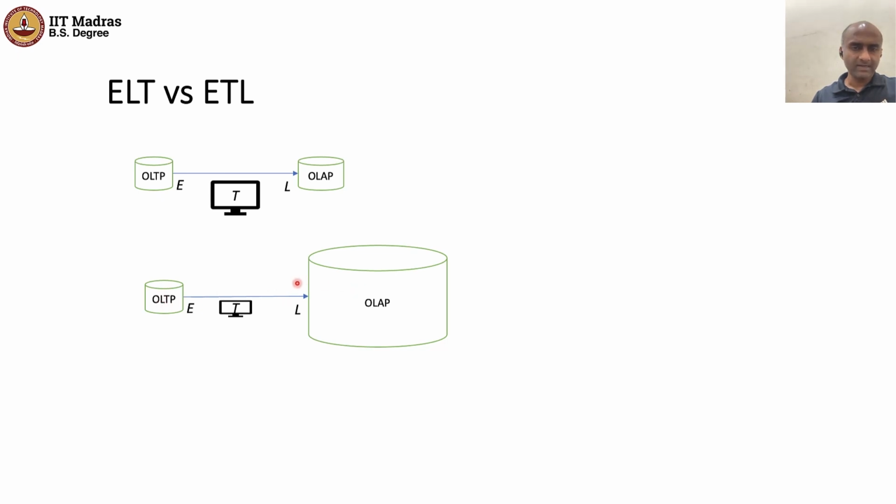Now, this by itself is actually not a problem. The disparity becomes stark the moment you look at big data. The volume of data that comes out of this OLTP system is huge, is massive. The velocity with which that extraction happens is also going to be very large.